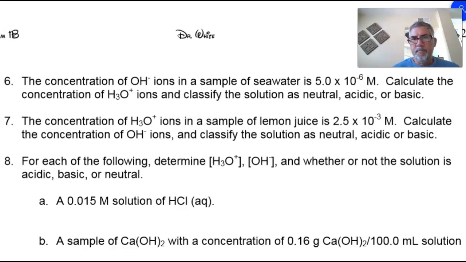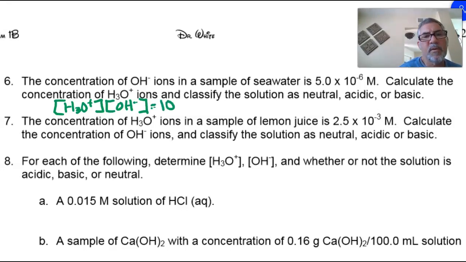Remember, because of the dissociation constant of water, well, let me erase that because it's hard to see. The water dissociation, or Kw, the product of H3O times OH is 1 times 10 to the negative 14.